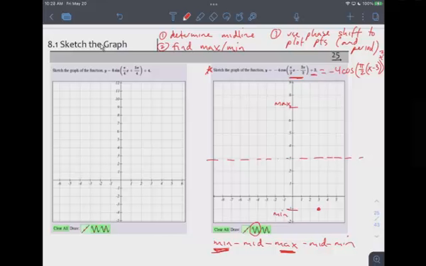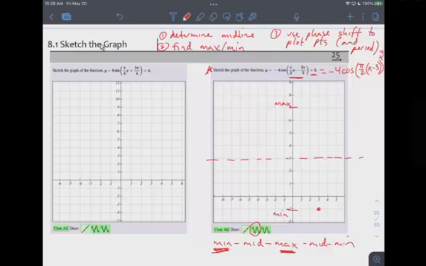The next part in working through this is to determine, based on what I see right here, what's going to be the period. So how do we find what our other critical points are going to be here?